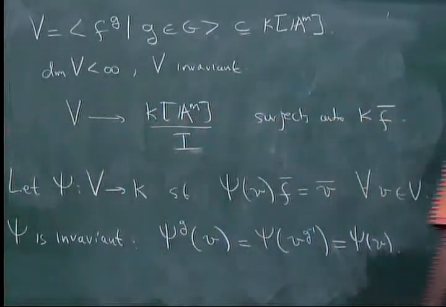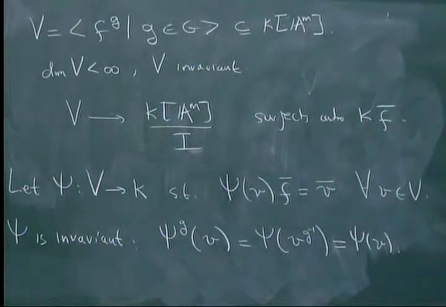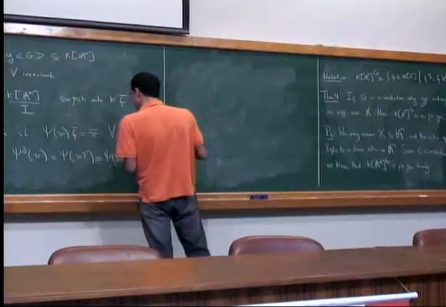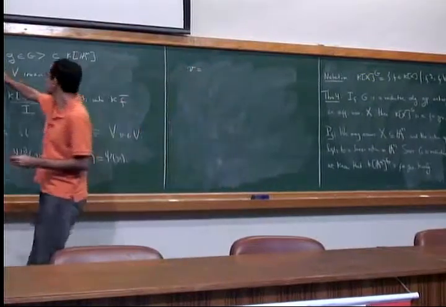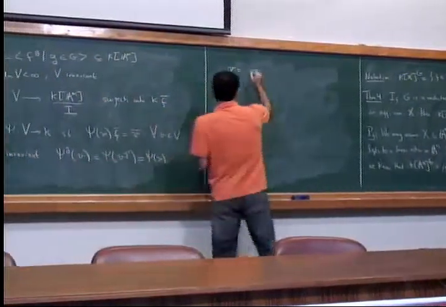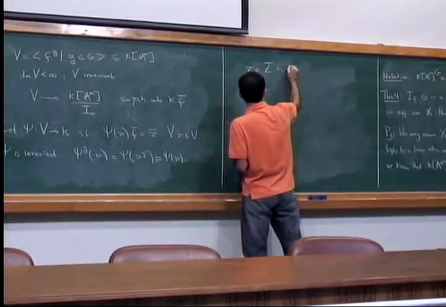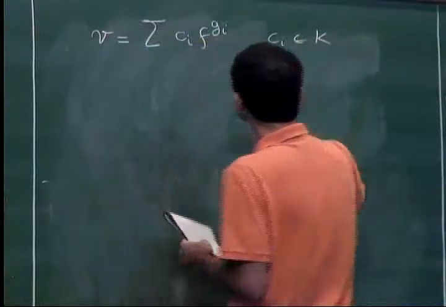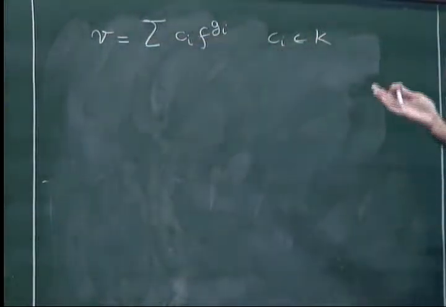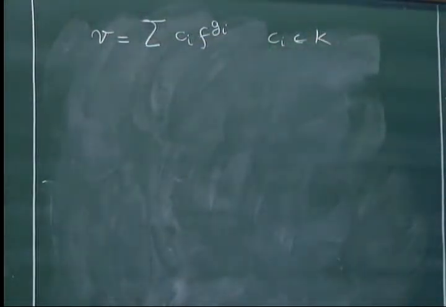Okay? So this is something I didn't do last time, but let me do it here. It's a similar argument from last time, just to show you how it's done, but it's very easy because you can write V, since it's inside here, as the summation of Ci Gi, where the Ci's are in K. So V is generated by these guys.